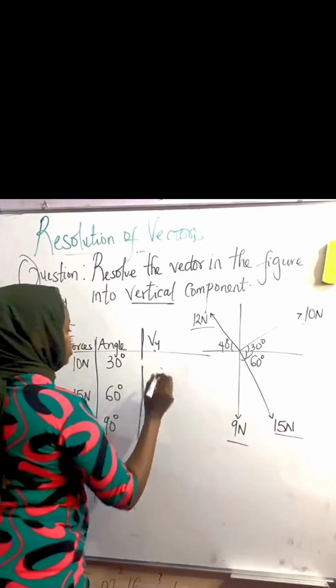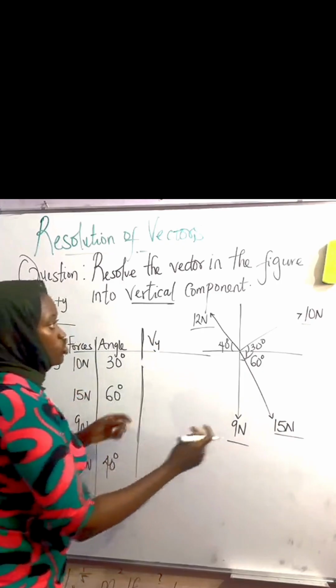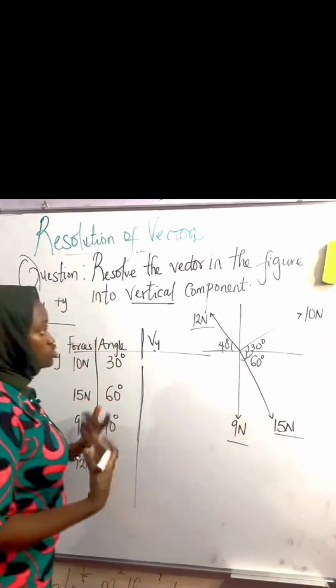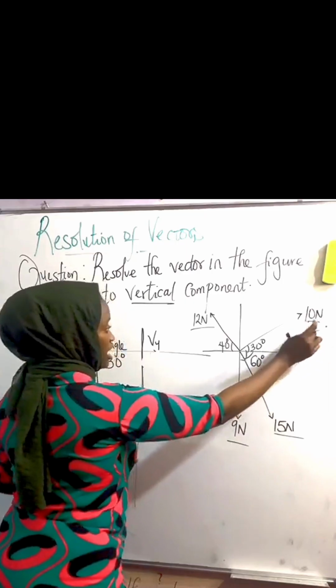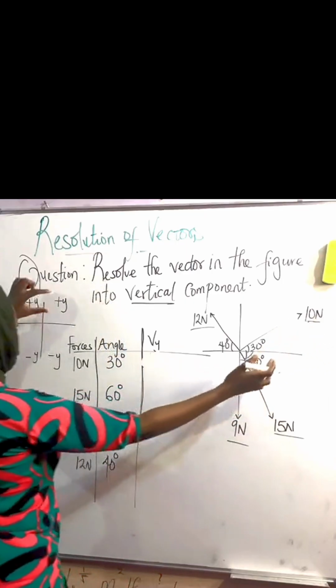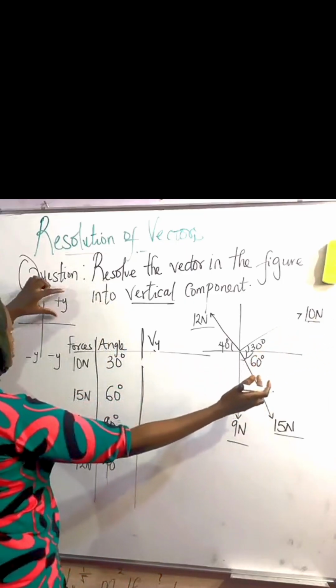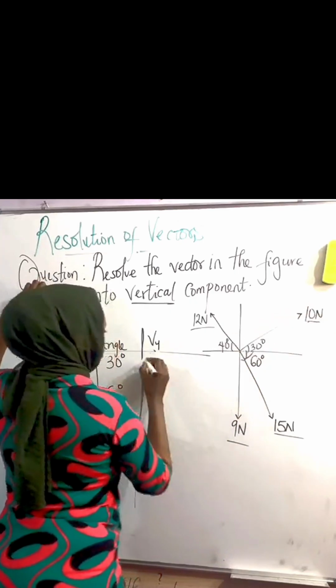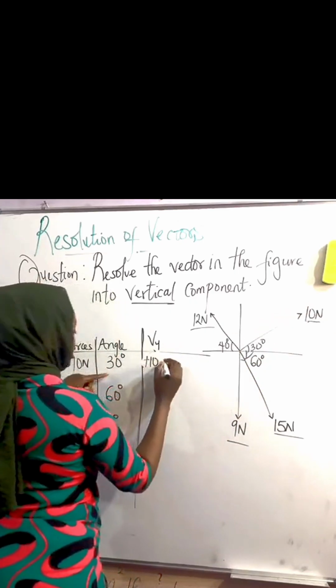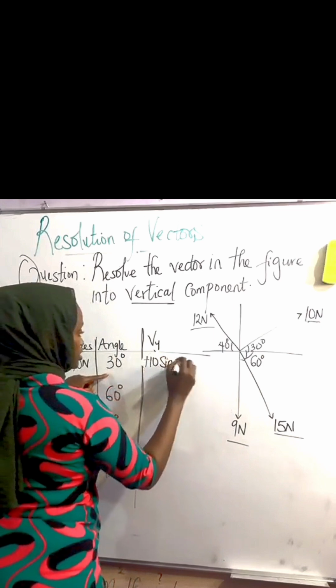Resolving this force here, which is 10 Newton, for the vertical, as you can see, the value of y here is positive because it's at the top. So this is plus 10 sine 30.